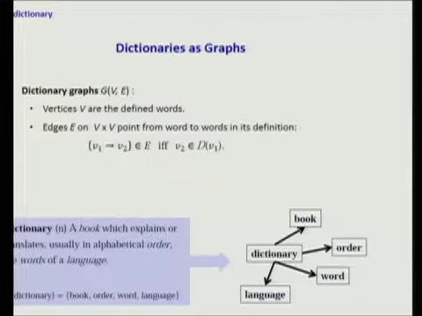Then we simplify this definition, this sentence, into a mapping between the word dictionary and the set of nouns that appear in the definition. So the word dictionary has arrows pointing to book, order, word, and language. Of course, we lost a lot of the beauty of the language and the content that is in the grammar and in the syntax.